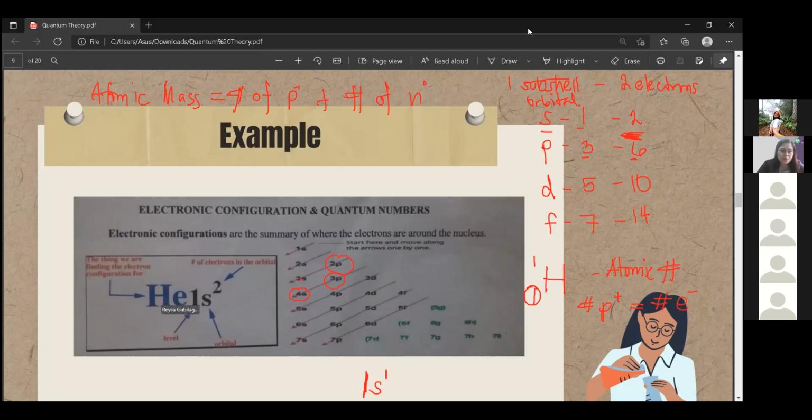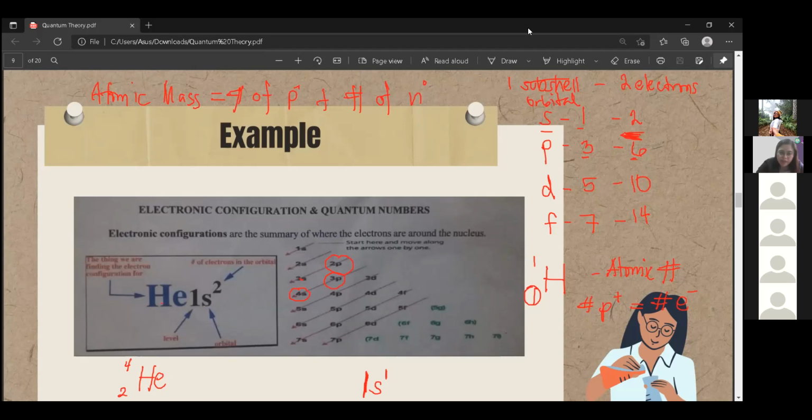Now for helium on the screen, as you can see, helium actually is 2 and 4. So 2 ang kanyang atomic number, 4 ang kanyang atomic weight, pero again, atomic number yung ating susundin. So ang meaning niyan, si helium ay may 2 electrons.